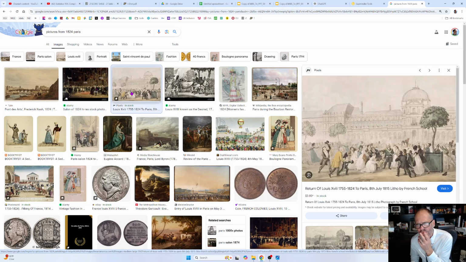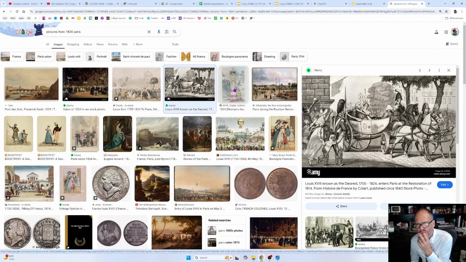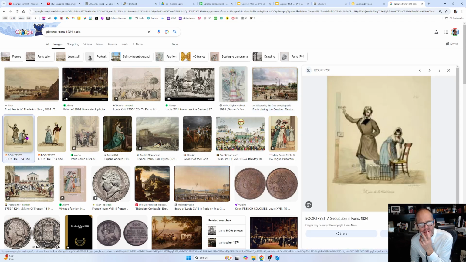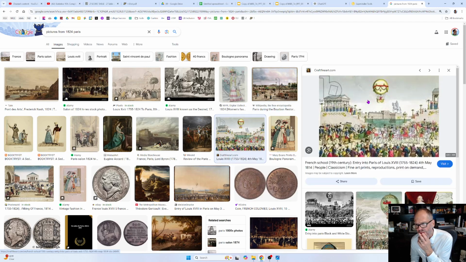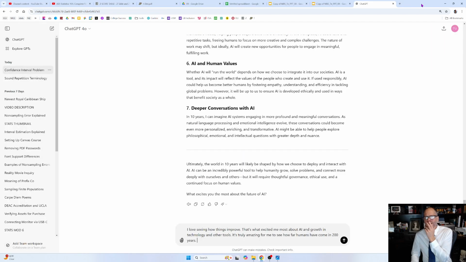There were no phones. There were air balloons, apparently. 1814: there's carriages and horses. There's no sewage. Really not all that great.